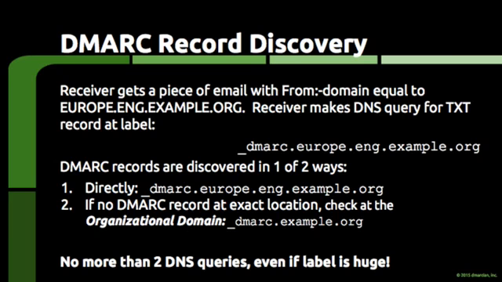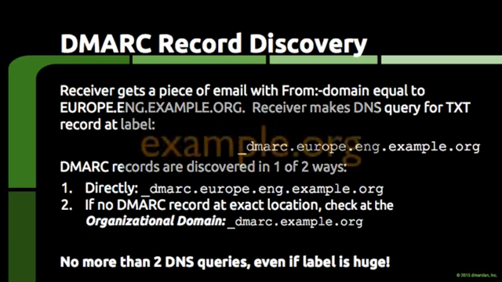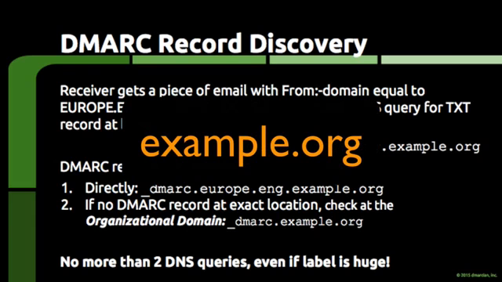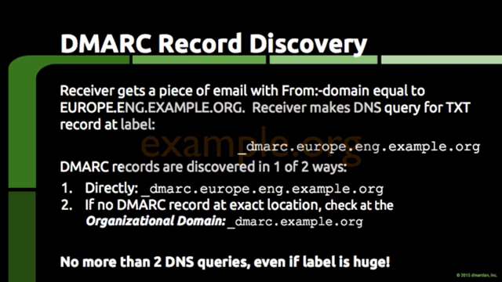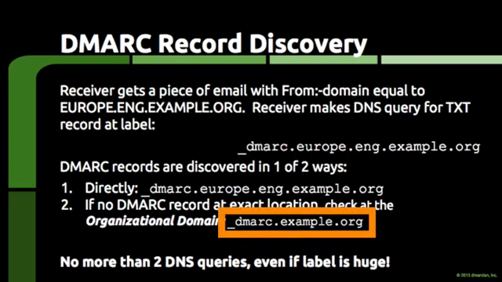The receiver would then extract the organizational domain from the domain, in this case, example.org, and try again to find a DMARC record by slapping _dmarc in front of the domain and querying for a text record. In this way, DMARC record discovery is limited to just 2 DNS lookups.